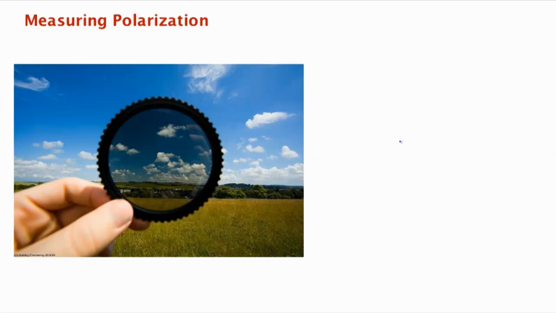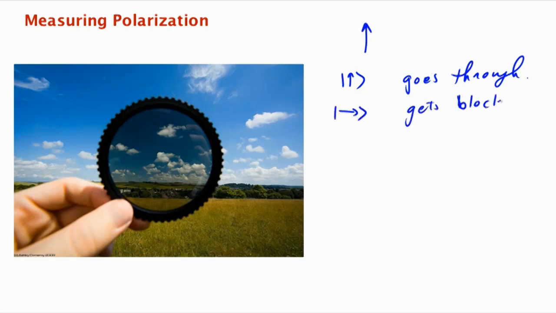For example, this filter might be vertically oriented, which means that if a photon comes through and it's vertically polarized, then it goes through. But if it's horizontally polarized, then it gets blocked. So it's performing a measurement: letting the photon through if it's vertically polarized, blocking it if it's horizontally polarized.